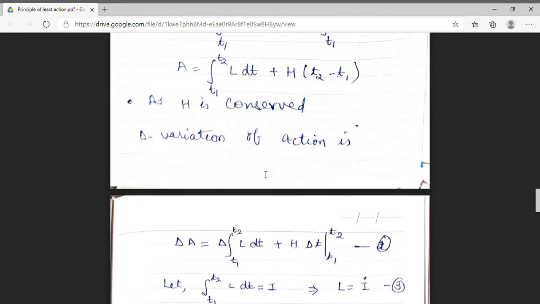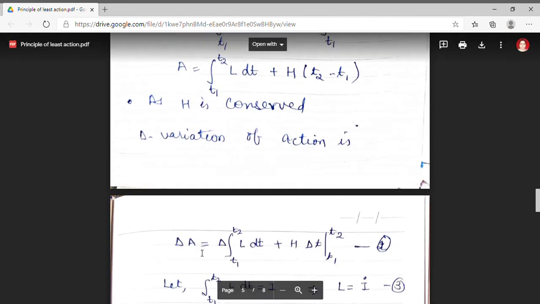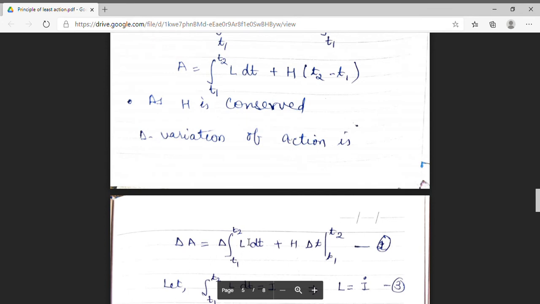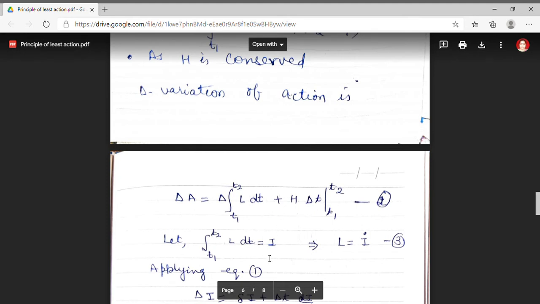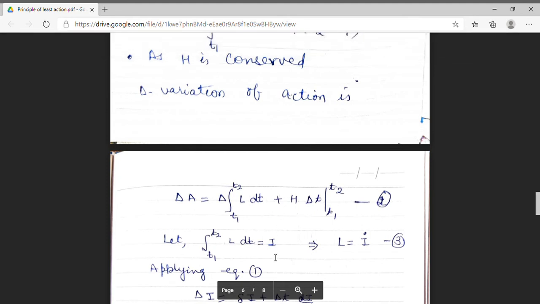So the variation ΔA will be δ of the integral from t1 to t2 of L dt plus H Δt from t1 to t2. Now I am taking the integral of L dt to be equal to I. Differentiating this, L will be equal to I dot.